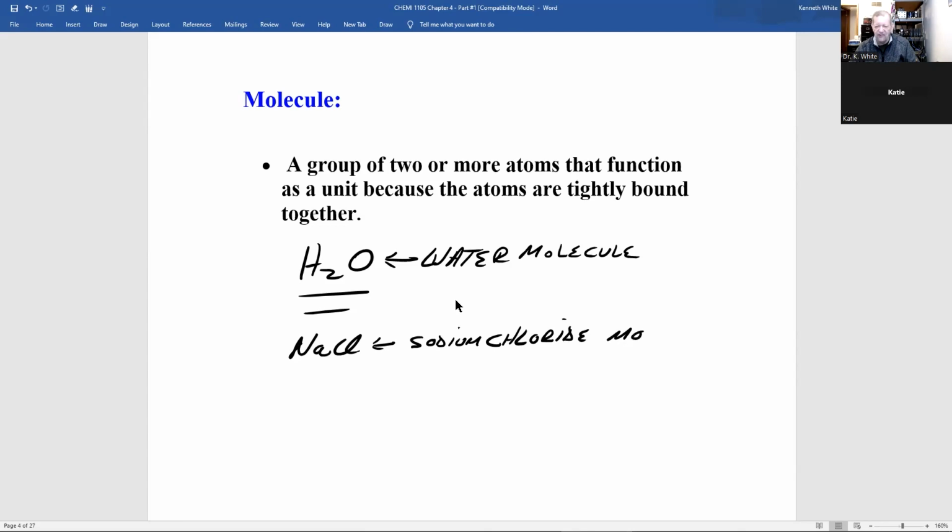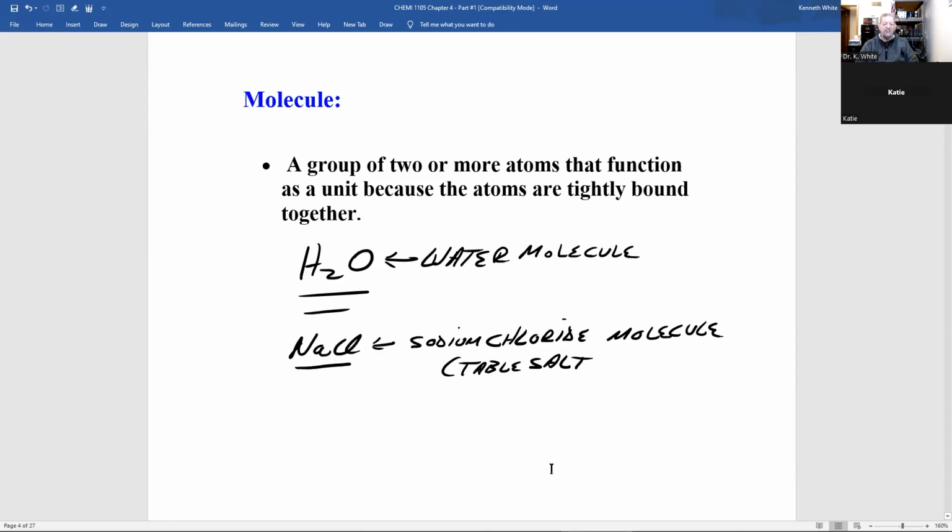That's the sodium chloride molecule. You know that as table salt. And the white solid you shake on your French fries is made up of molecules of sodium chloride.